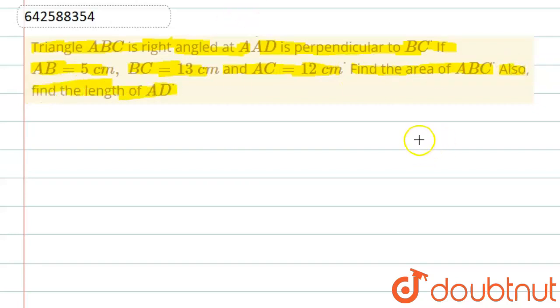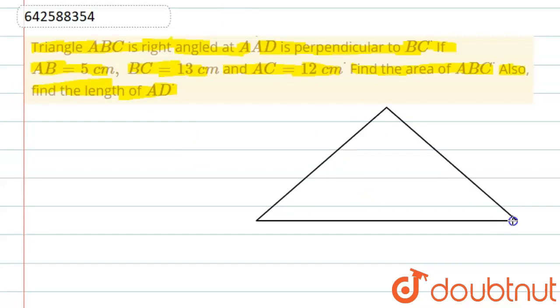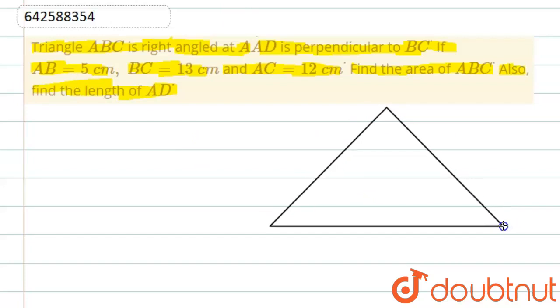If you understand this by figure, let's say this is a triangle ABC with a right angle at A. So A, B, C, this is the right angle. AD is perpendicular to BC.